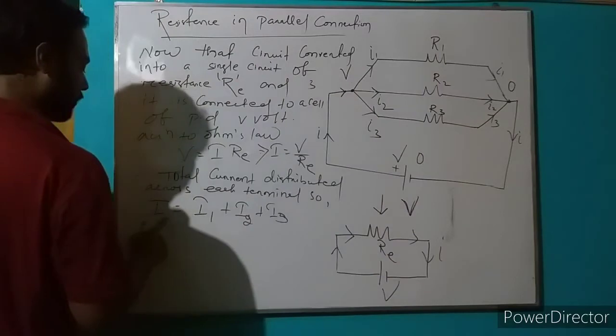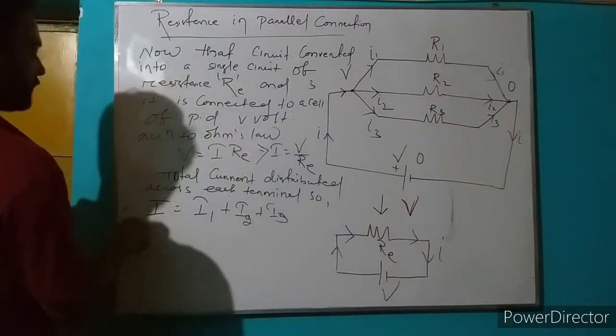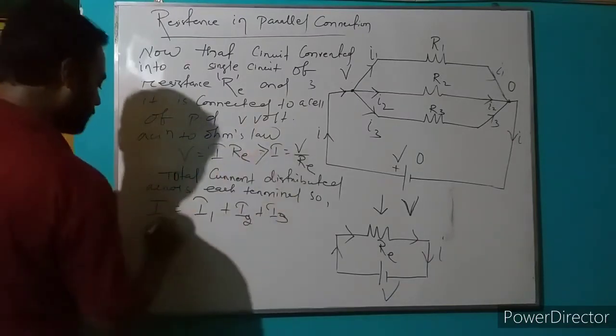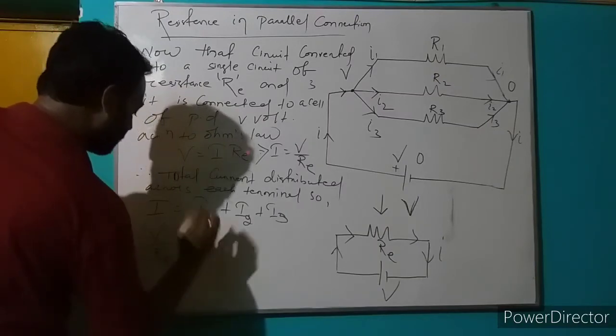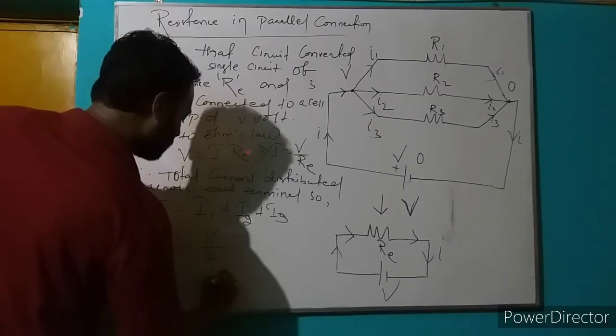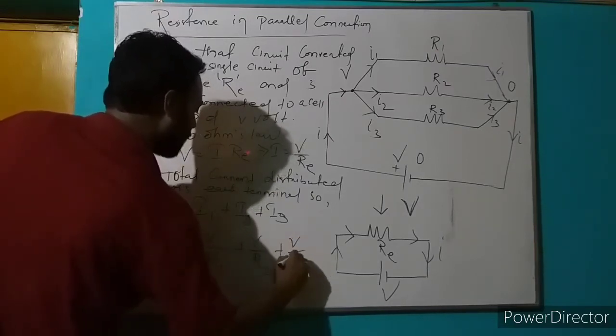So I equals I1 plus I2 plus I3, the total current. As you know, I equals V by RE. That implies V by RE equals V by R1 plus V by R2 plus V by R3.